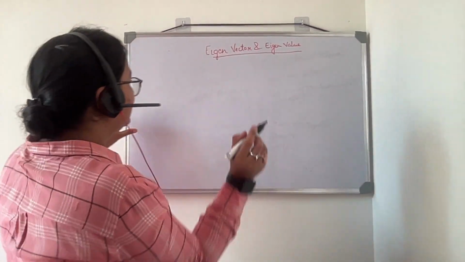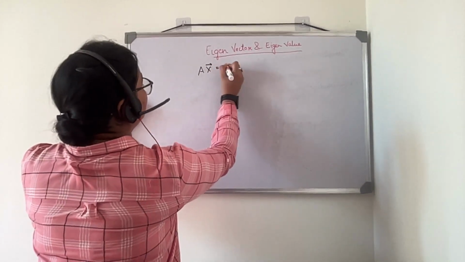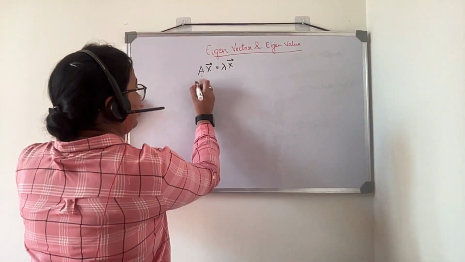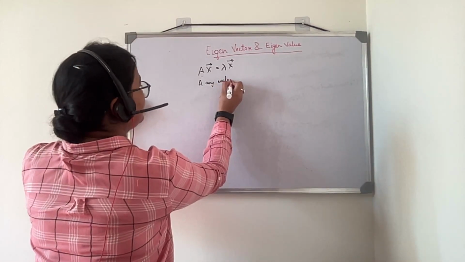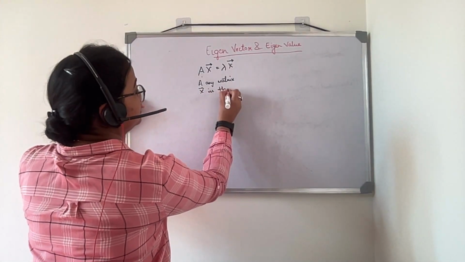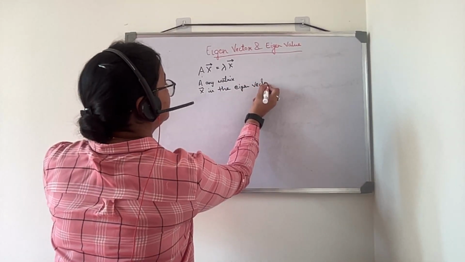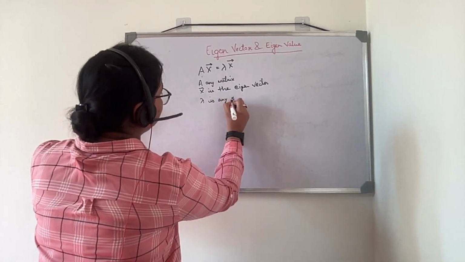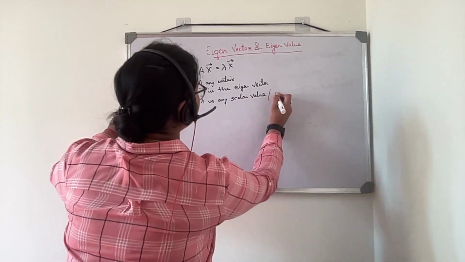So if we see the formula here, A times x bar equals lambda times x bar, where A is any matrix, x bar is the eigenvector, and lambda is any scalar value, known as the eigenvalue.